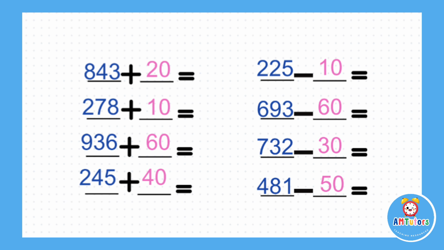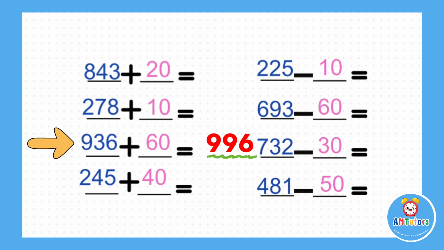Right, let's check your answer. For number 1, 843, add 20 will give you 863. The next one, 278, add 10 will give you 288.